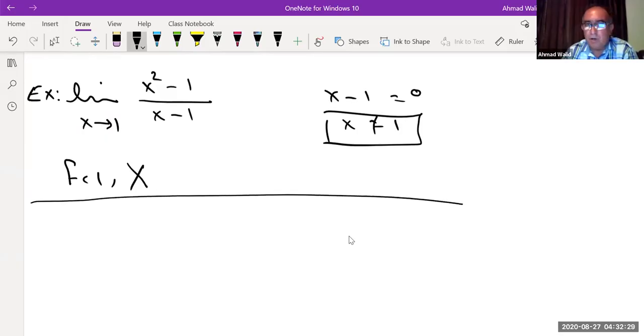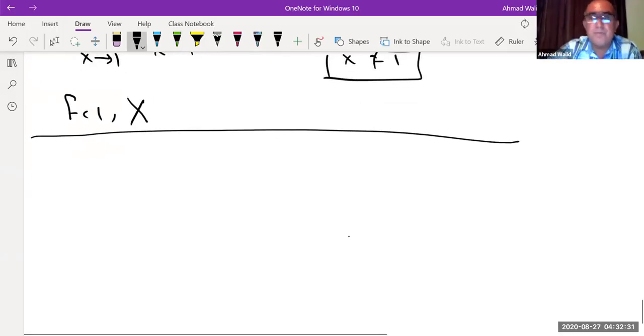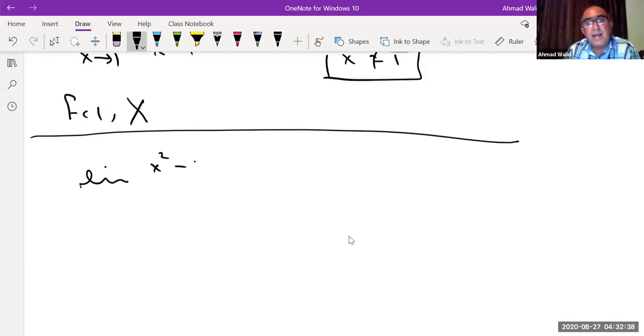I will rewrite the problem and I'll explain it to you. Any techniques of algebra that work. The limit of x squared minus 1 over x minus 1 as x approaches 1. Look at this fraction. What can you do here? Can I factor the top? Yes.